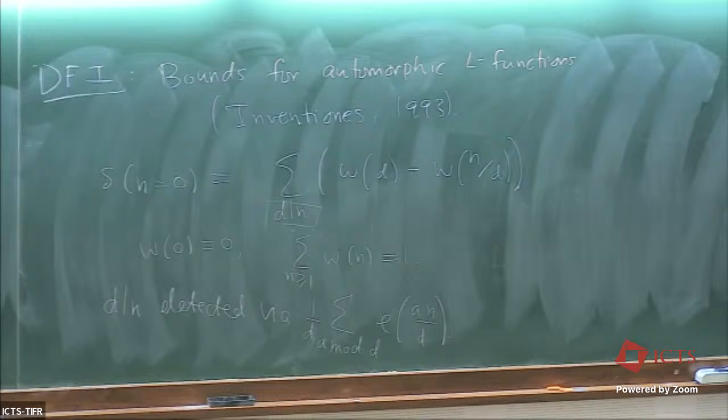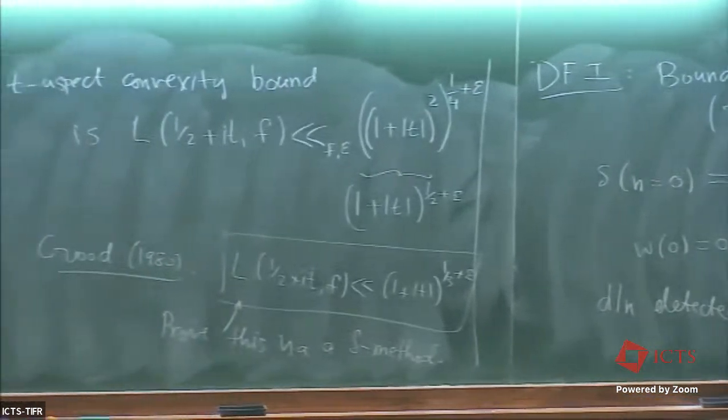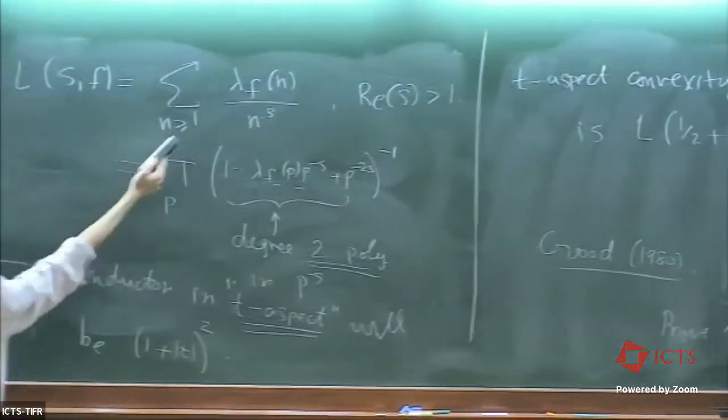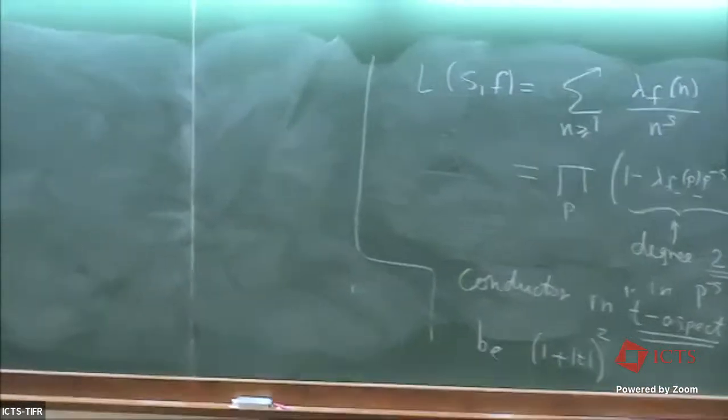So as you can associate an L function with a holomorphic cusp form like that, what you can also write down is a twisted L function.